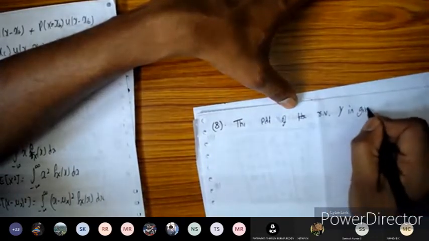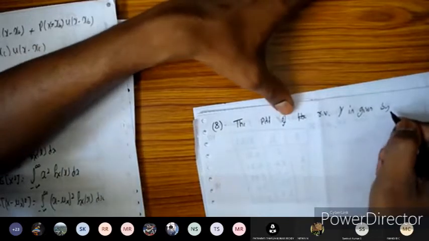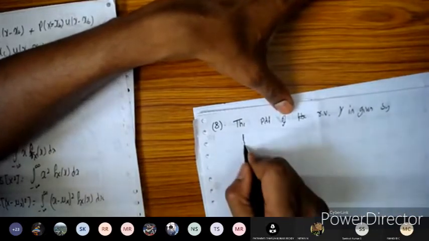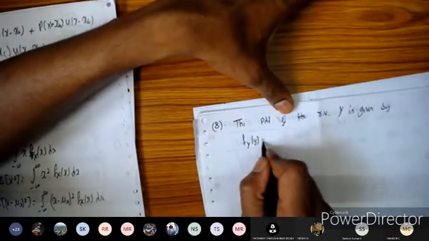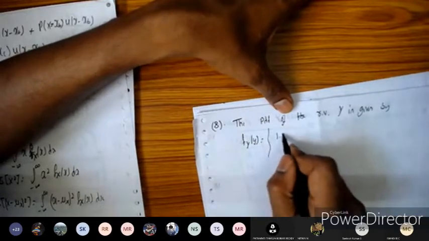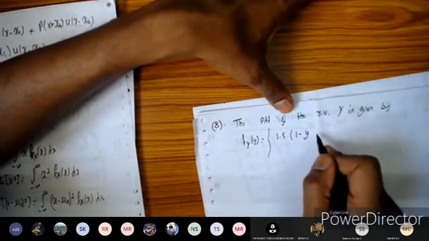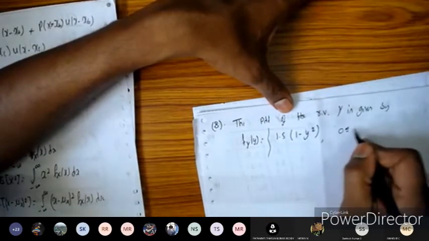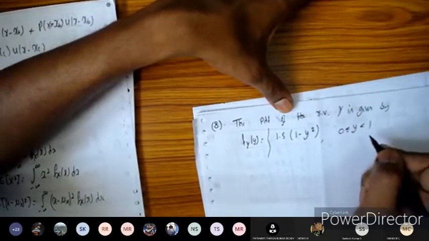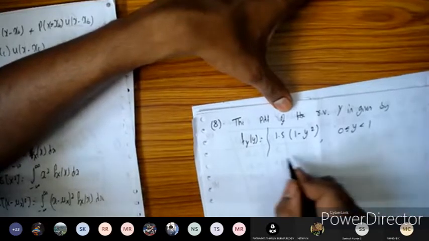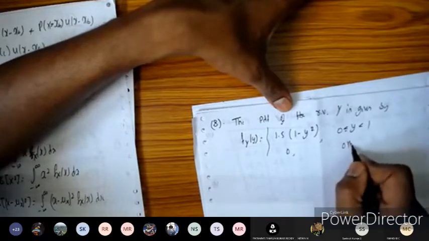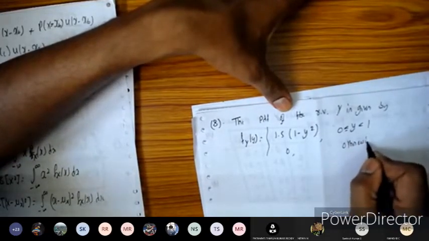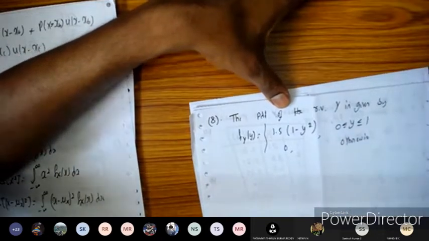fy of y is equal to 1.5 into 1 minus y square for 0 less than y less than 1, and 0 otherwise.